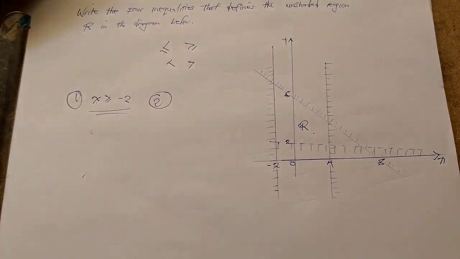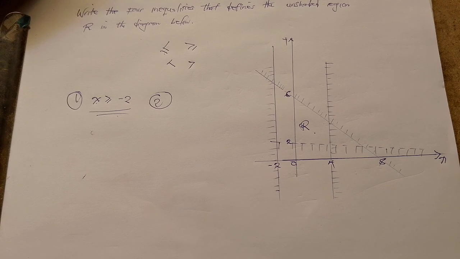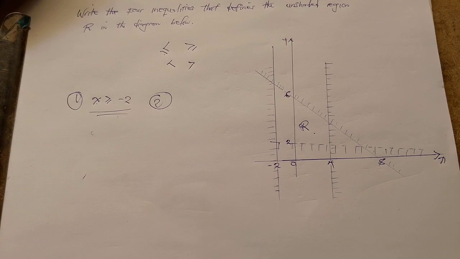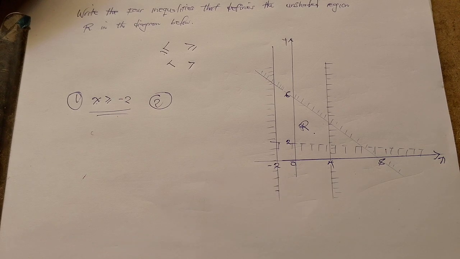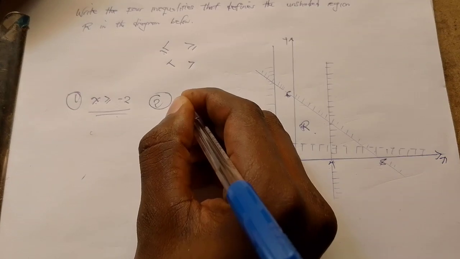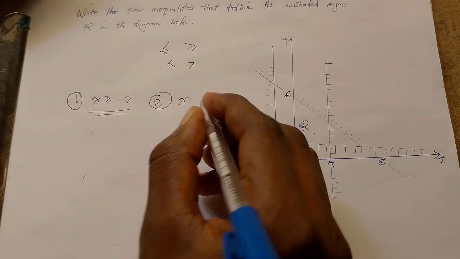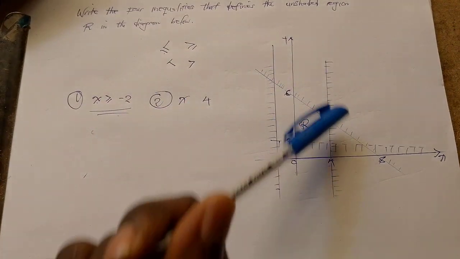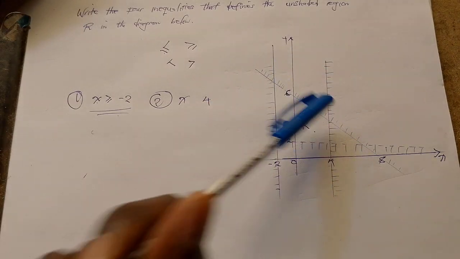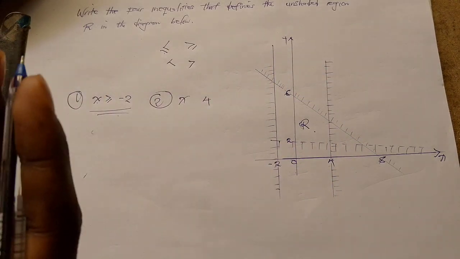For the second inequality, we'll look at another line which is cutting only on one part. We also have this line on the x-axis, so we have 4. We'll put a 4 there. Then you look at where the shaded part is.